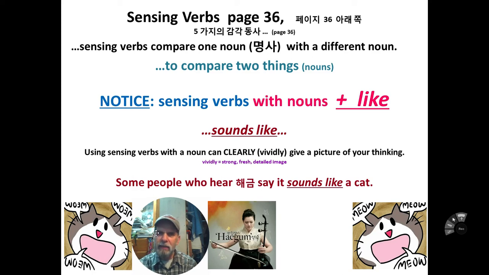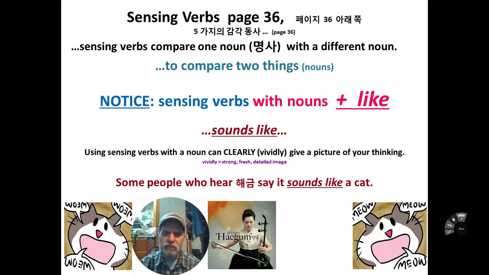감각동사. Hagum sounds like a cat. Using sensing verbs with a noun can describe clearly, vividly. What is vividly? That's a good word. That's a common, good English 형용사.